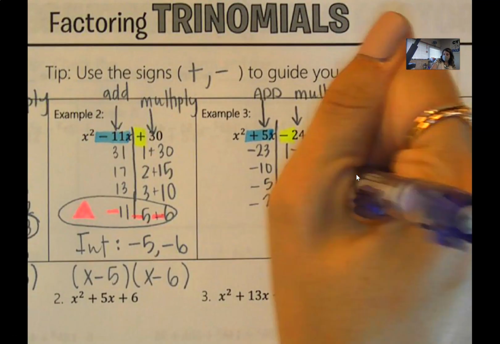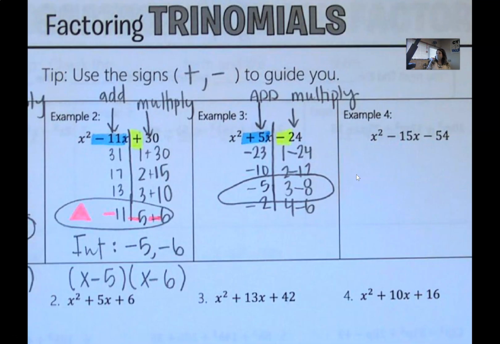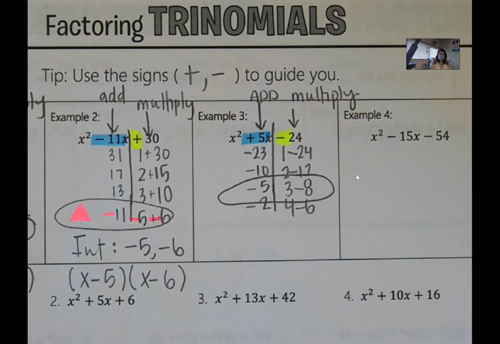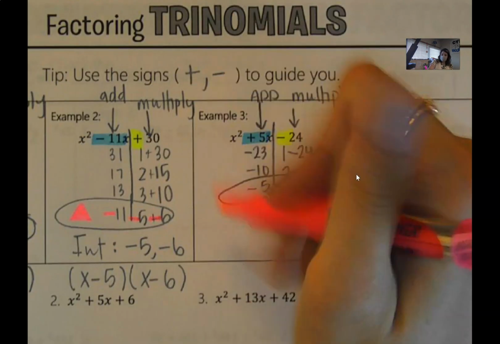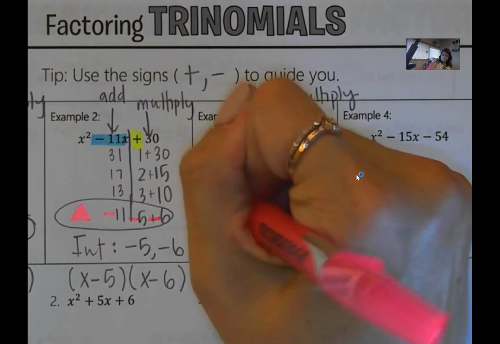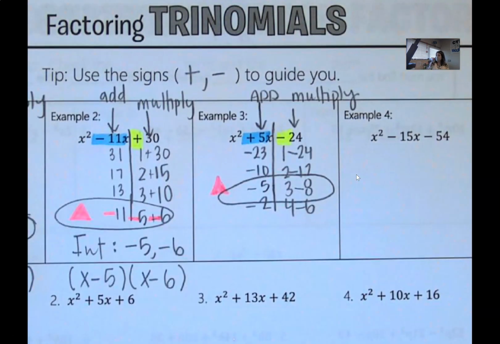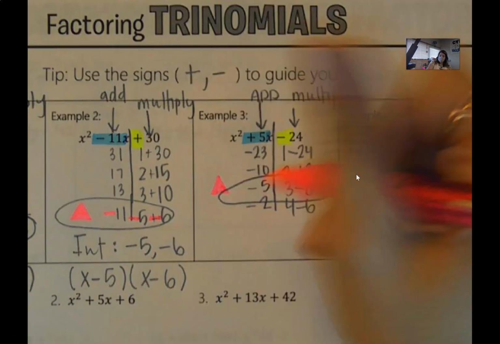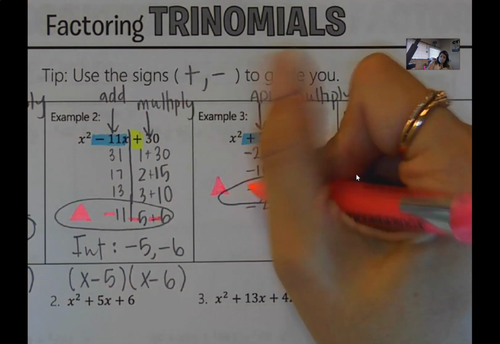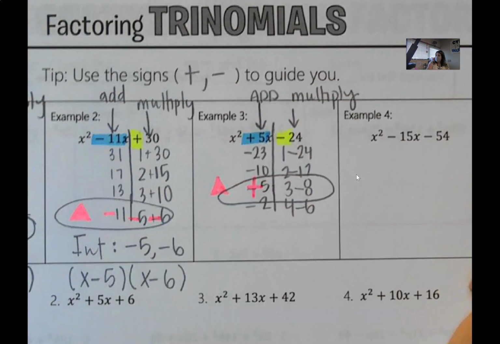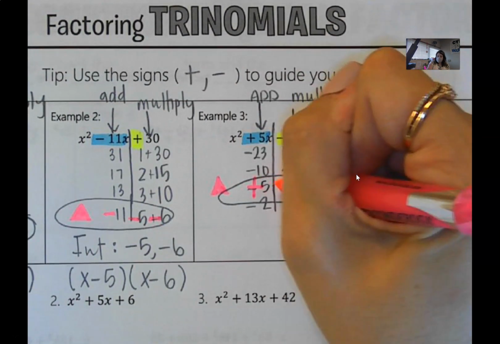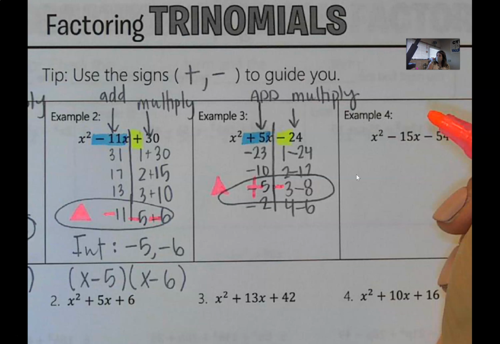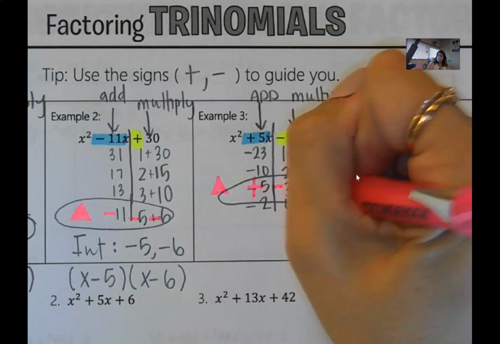This is close, but not quite right. I need a positive 5 and I have a negative 5, which means that I need to change this. So I'm going to draw in the delta saying I changed it, and go through and change the signs. If I change this to a positive 5, that means that the 3 needed to be negative and the 8 needed to be positive.